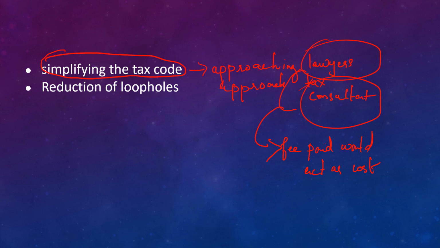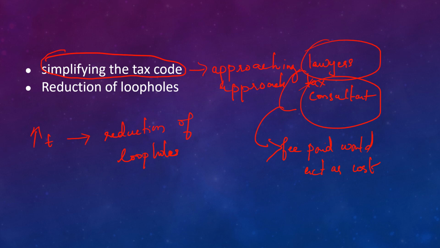Then, since the government always wants to increase its tax, the government also tries to look at the other side. What is reduction of loopholes? Because there can be some loopholes in the tax guidelines that would be issued by the government.